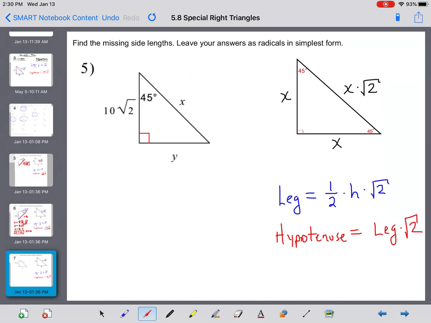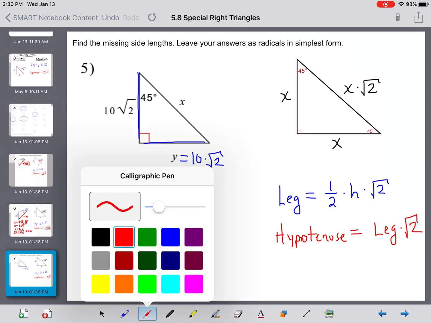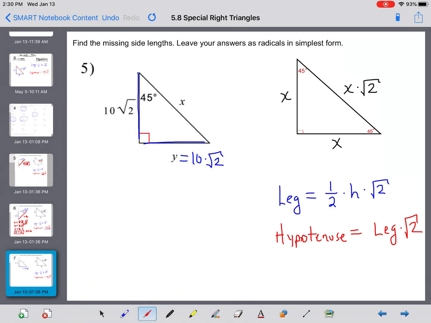Number 5, very similar to the last one. We're given that a leg is 10 times the square root of 2. That means the other leg is exactly the same, 10 times the square root of 2. We're trying to find the hypotenuse. We can represent the hypotenuse with x, or we could say h.